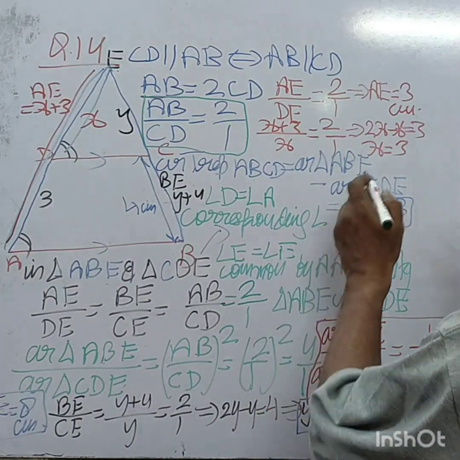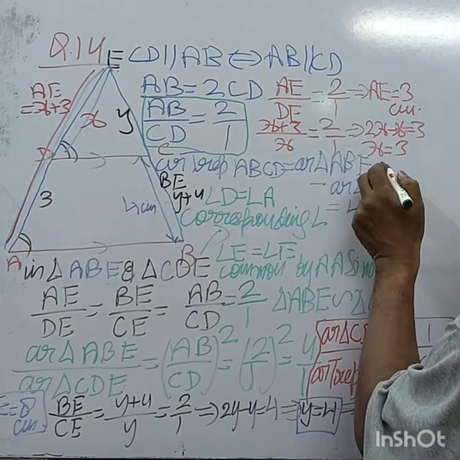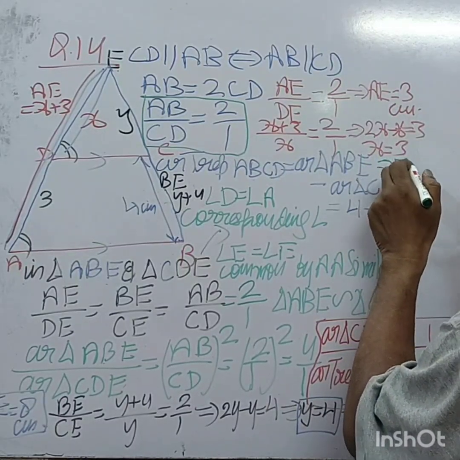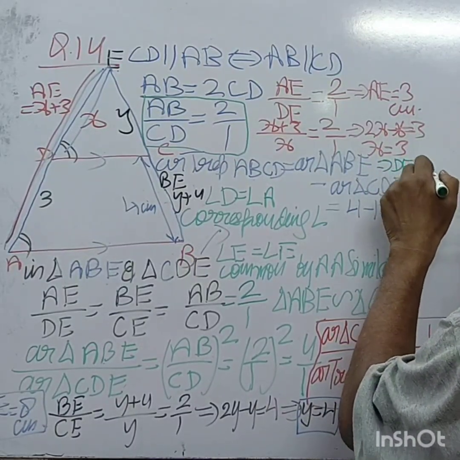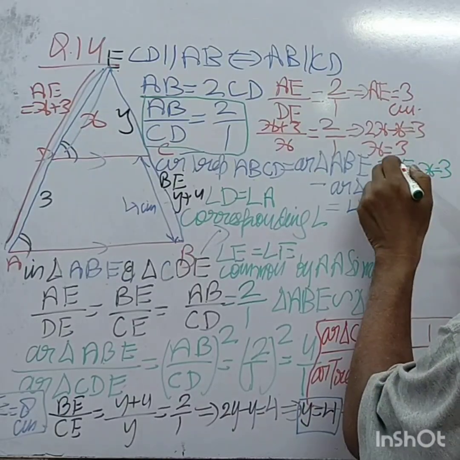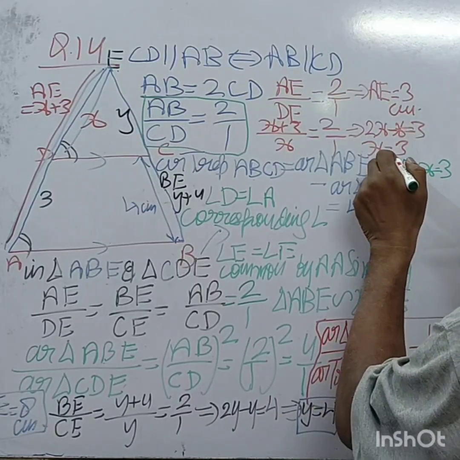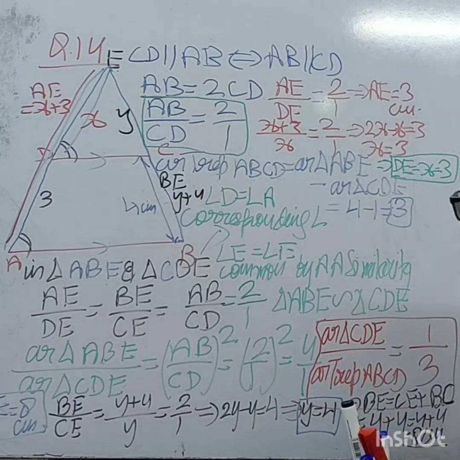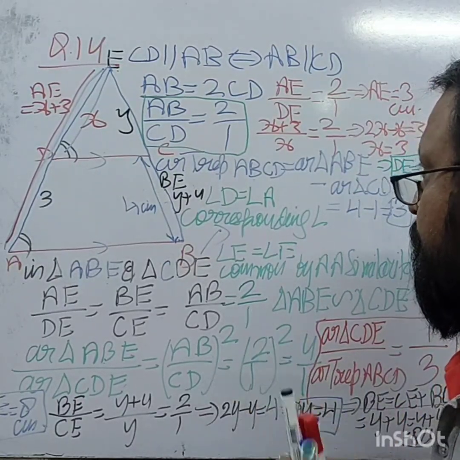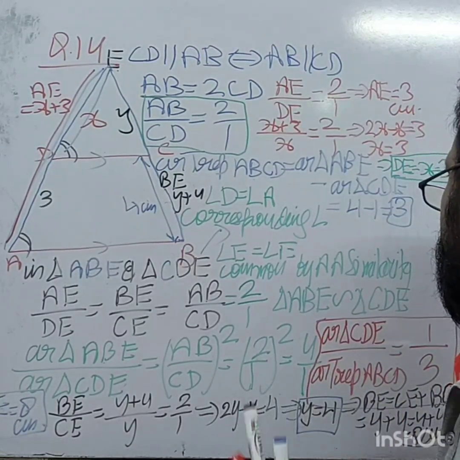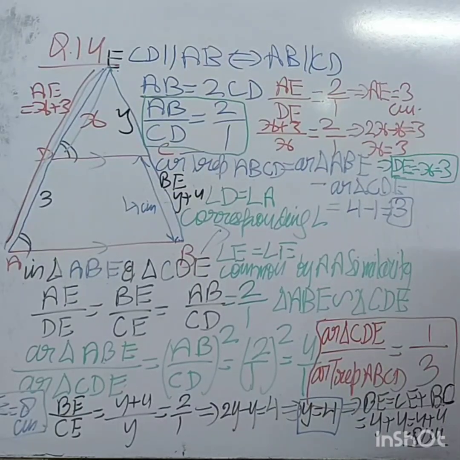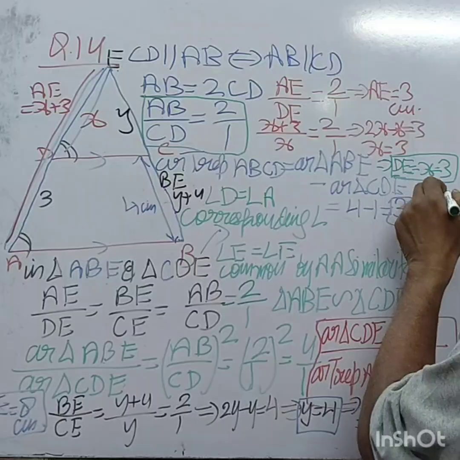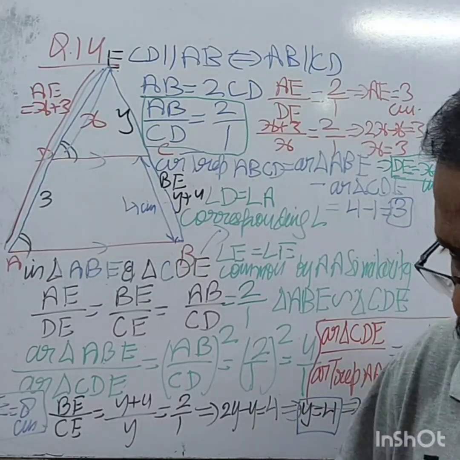This is x, so it means DE is equal to x is equal to 3. You get this? DE is 3. Right? Done.